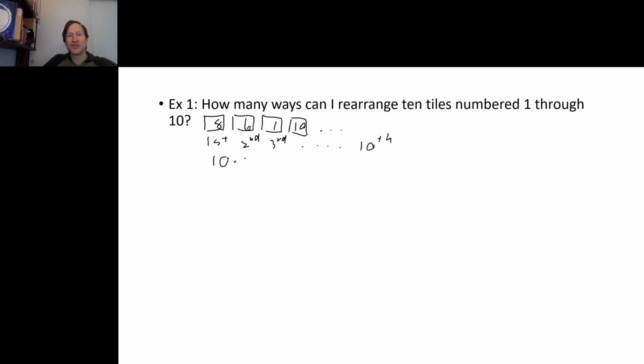So no matter what you chose for your first choice, there are 9 tiles available to choose from for your second choice, and 8 tiles for your third choice, and so on. 7, and then 6, and then 5, 4, 3, 2, 1. So this is a pretty big number. You probably wouldn't want to calculate this by hand, but we could dump this into a calculator and see what we get.